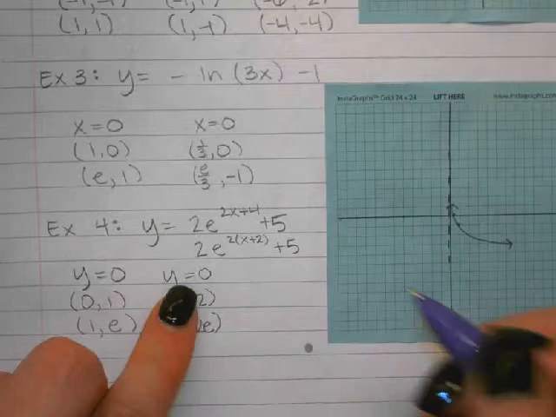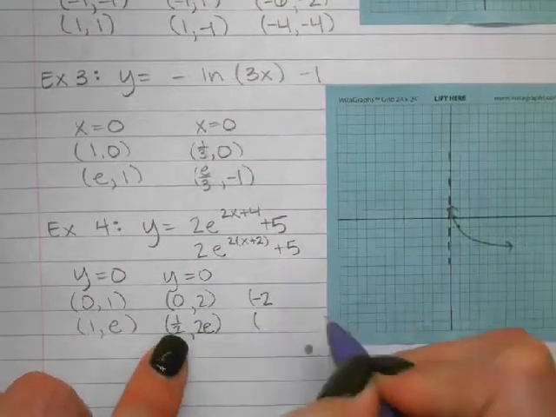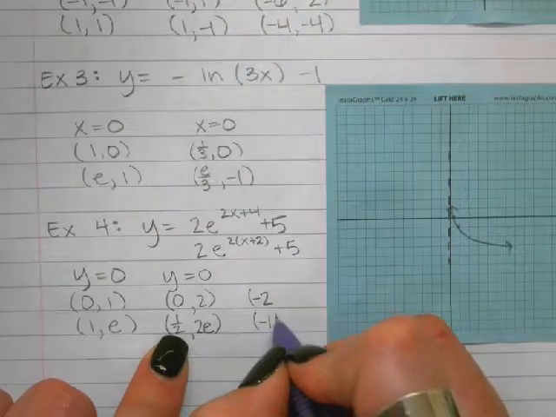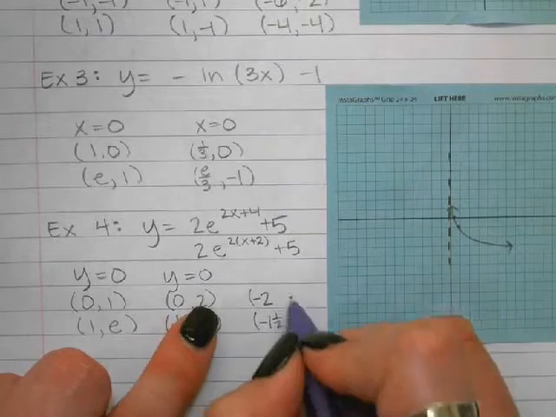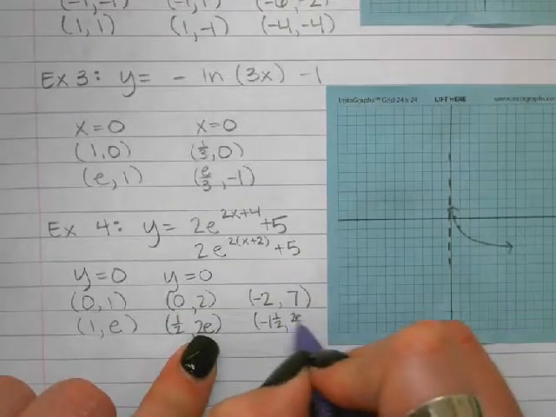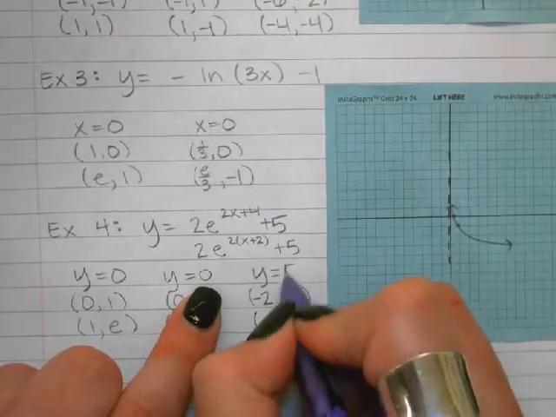So left 2 is not going to affect that. Left 2, left 2. Oh gosh, 1/2 minus 2 is negative 1.5. And then up 5 would be 7. Up 5 would be 2e plus 7. Up 5 would be 5.